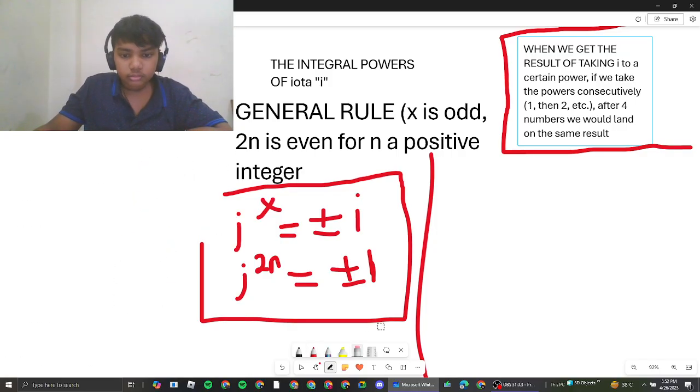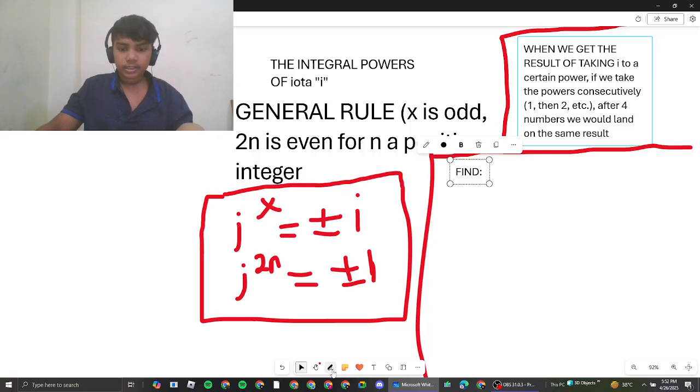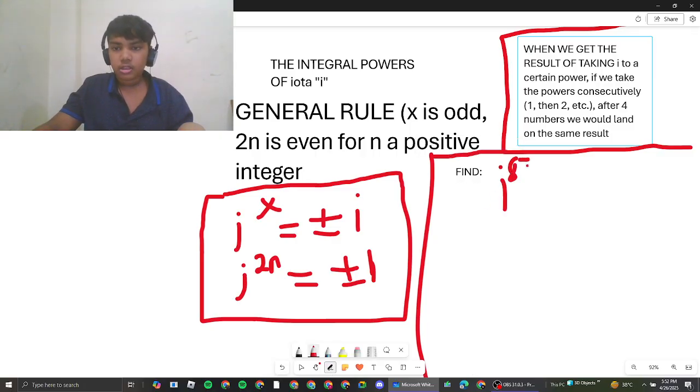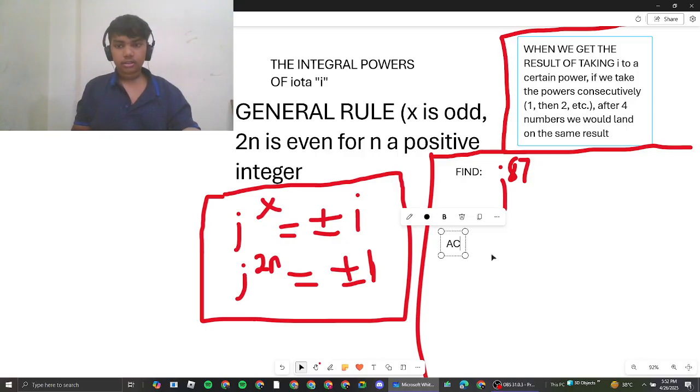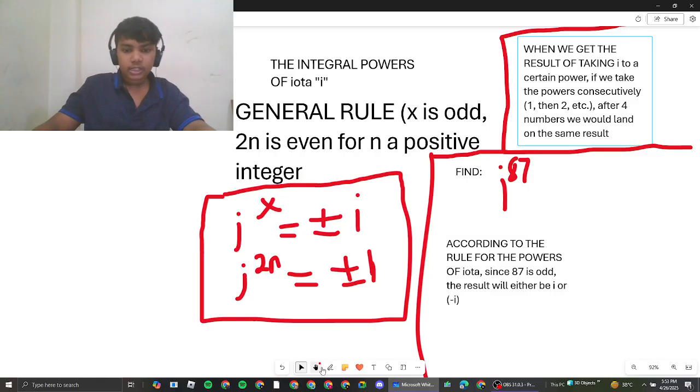Okay, so yeah, this is how to do it. Suppose we get a question that says find the power of I to 87. Since 87 is odd, the result will either be I or minus I. Okay, now we can break this down into two parts.